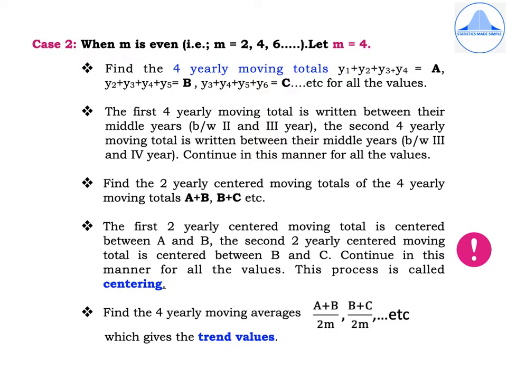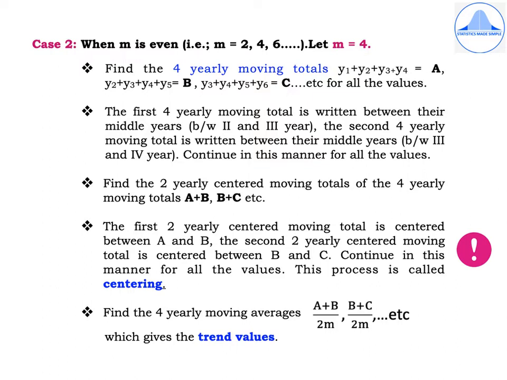Now the first step is you have to find out the 4 yearly moving totals, that is y1 plus y2 plus y3 plus y4. I'll just call it as sum A. Similarly y2 plus y3 plus y4 plus y5, I call it as B. And y3 plus y4 plus y5 plus y6 is equal to C, etc. Do the calculations for all the values which are given in the table.